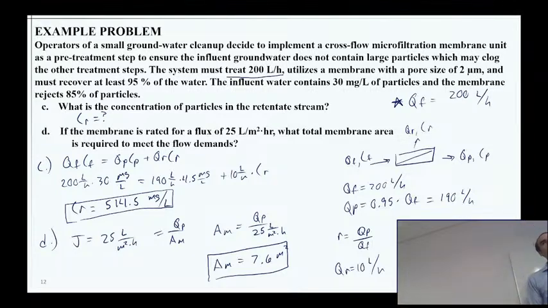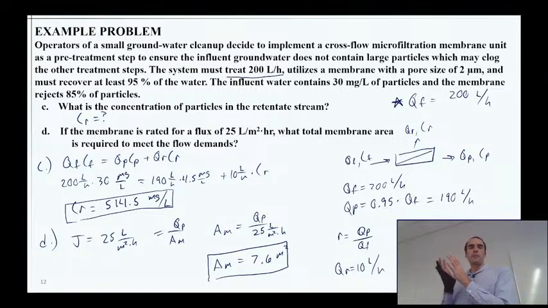Then if R is QP over QF, that's the percent of water we recover, that means QP should be 190 liters per hour. That leaves 10 remaining, so the Q retentate should be just 10 liters per hour. And presumably this operation has to deal with that as well. It's extra dirty water, and they'll have some way to do that.